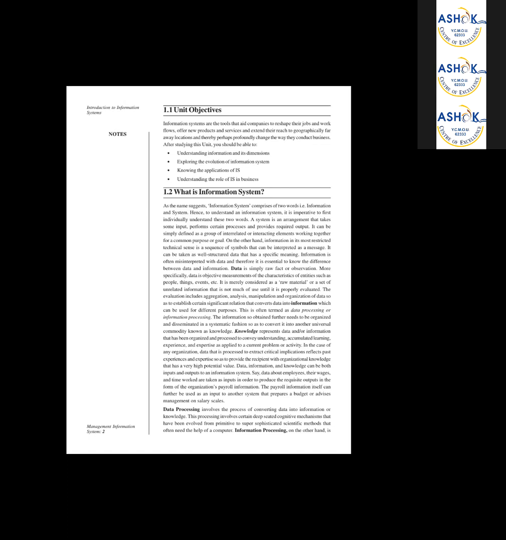Data is a simple raw fact or observation. More specifically, data is objective measurements of the characteristics of interest, such as people, things, events, etc. It is merely considered as a raw material or a set of unrelated information that is not much of use until it is properly evaluated.